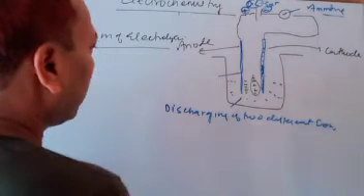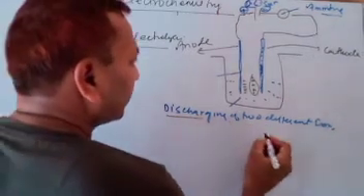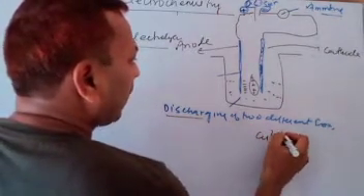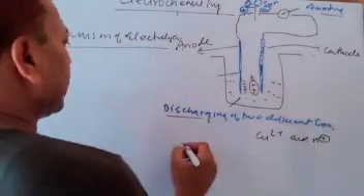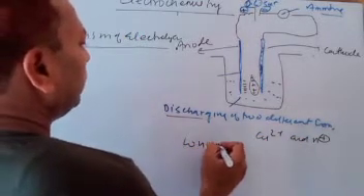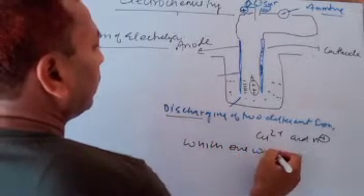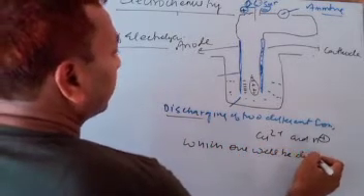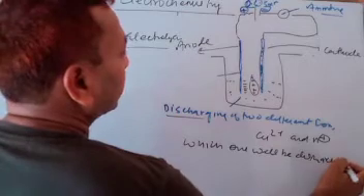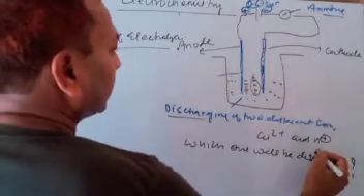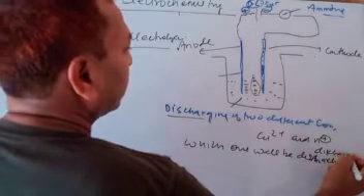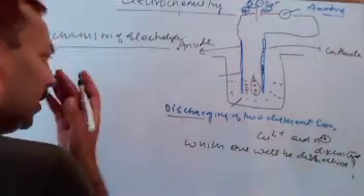Suppose there are two ions, copper ion and hydrogen ion. Which one will be discharged, that is, deposited? Which one is discharged?